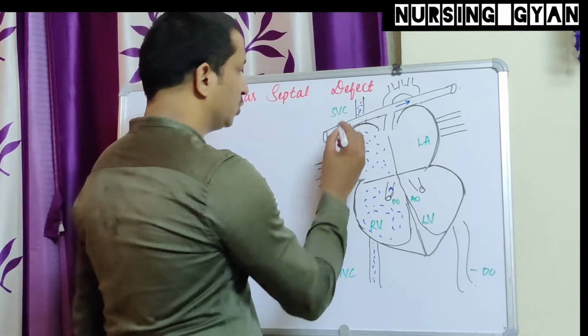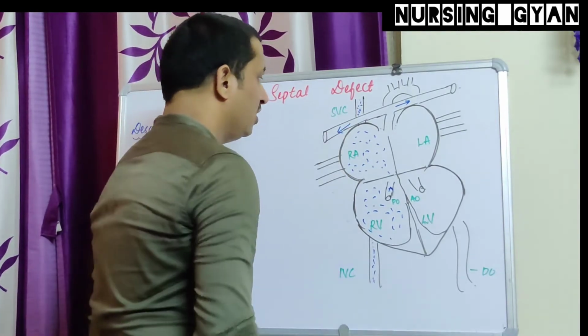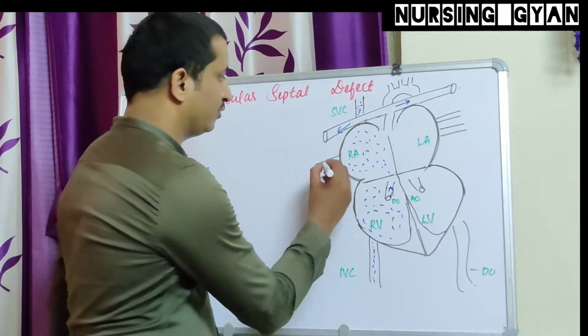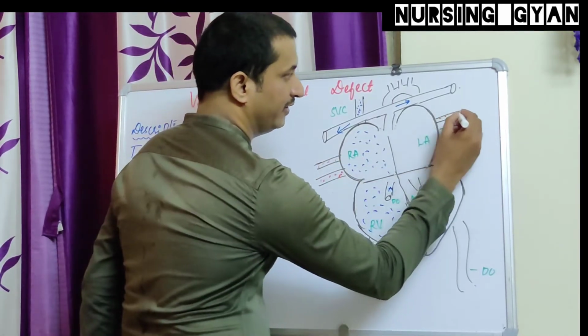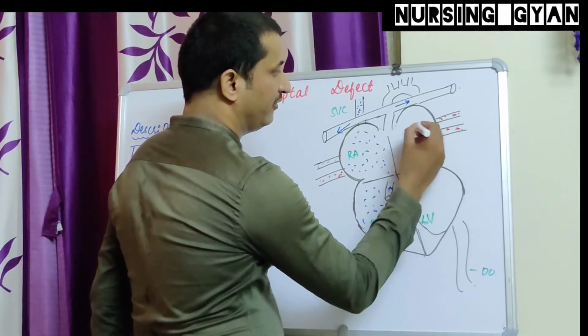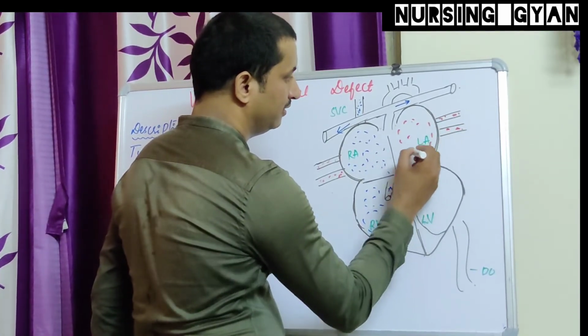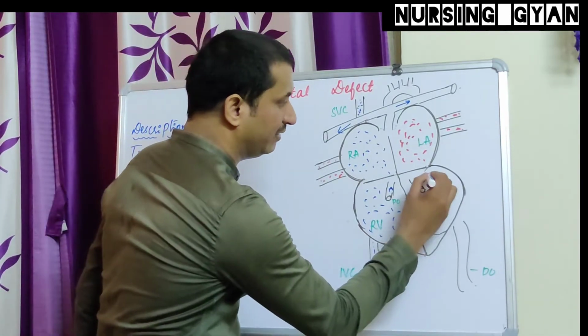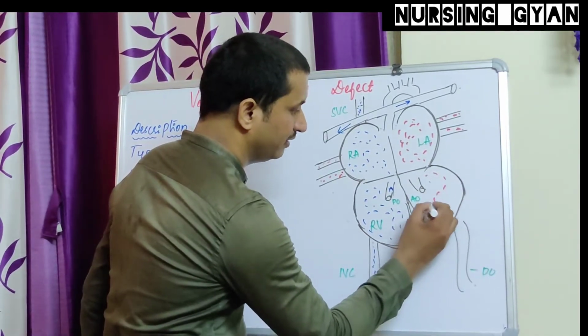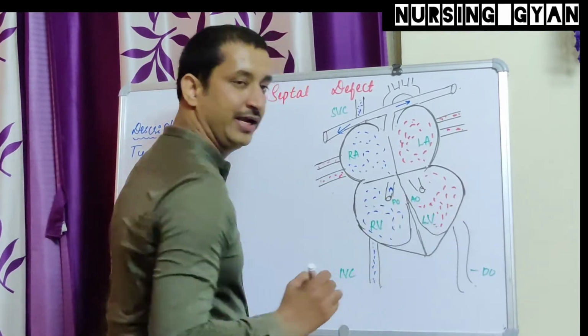After that, through the lung, it will become oxygenated and come to the pulmonary vein. From pulmonary vein, blood will come to the left atrium. From left atrium, blood will go to the left ventricle.